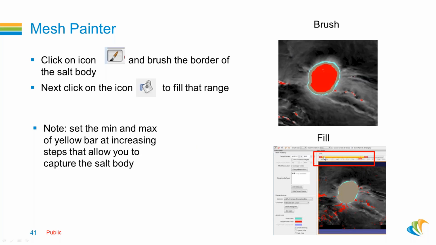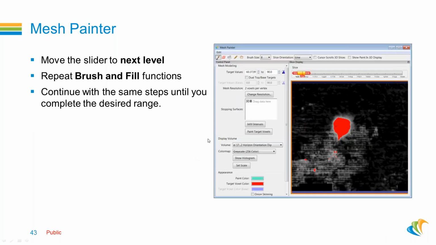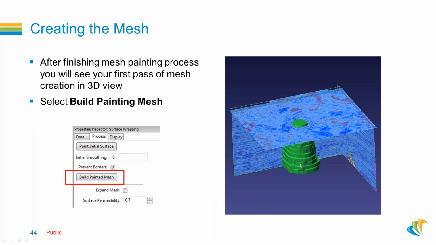After several iterations of using the paintbrush and filling the image of the salt, when you finish the whole range, you will see that in different processes. At the end, you can see roughly, at different depths, the different steps that you were manually painting and filling and creating.